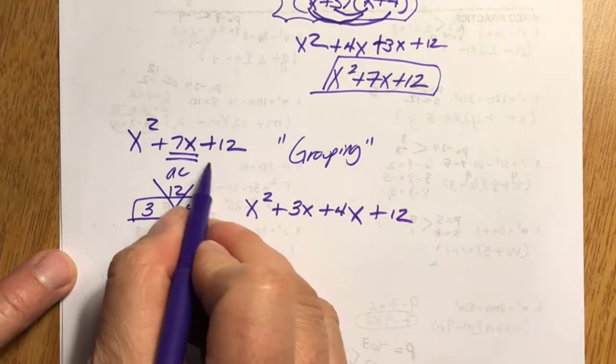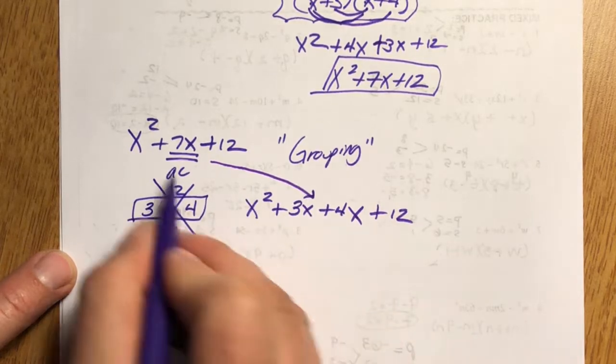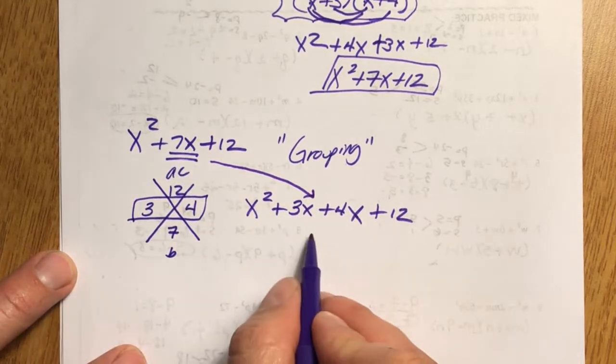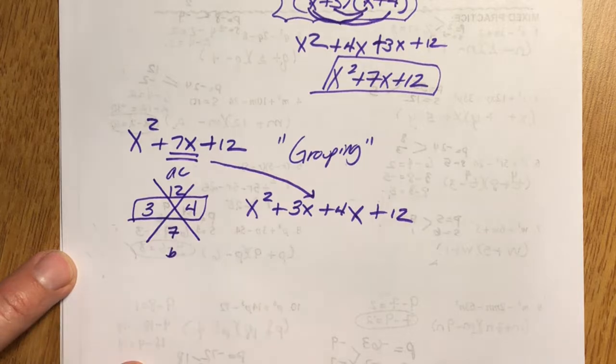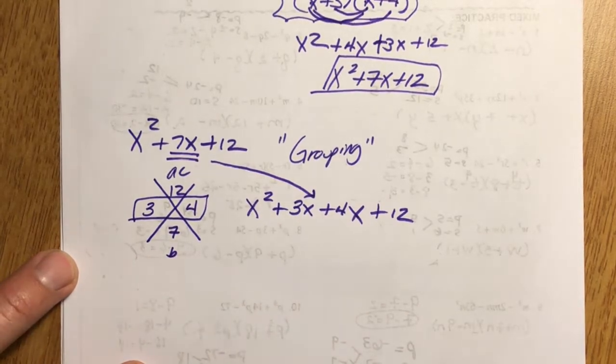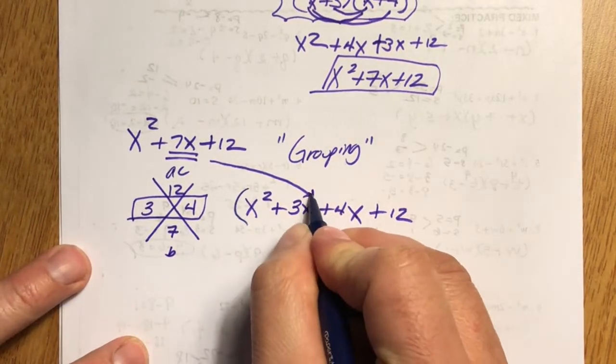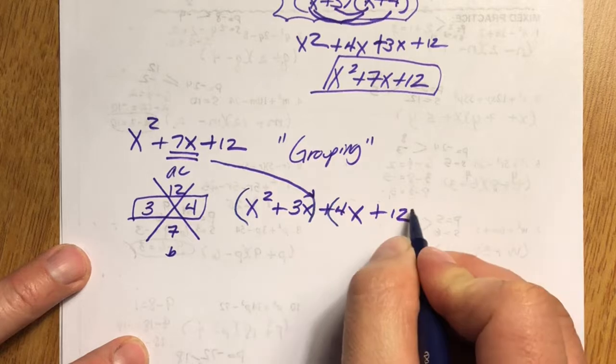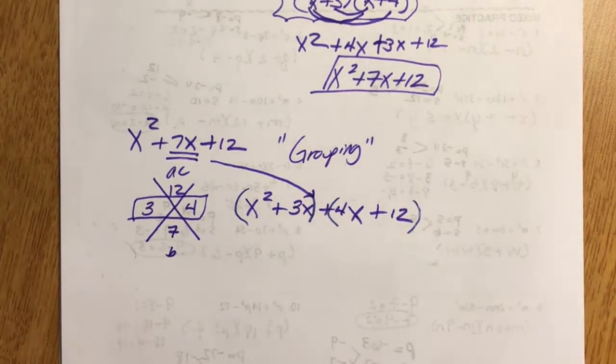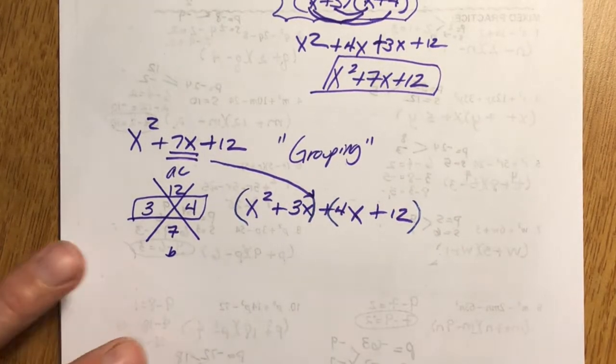In grouping, all I did was take that middle term and split it into those two factors I came up with. Now we are going to group. This is where the grouping part comes in. We're going to group to make two binomials there.